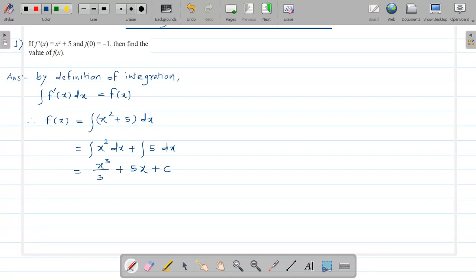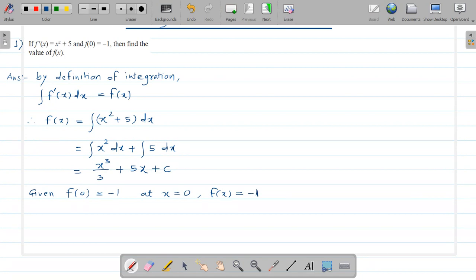So after getting f of x as x cube upon 3 plus 5x plus c, as it is given that f of 0 is equal to minus 1, what does it mean? At x equals 0, f of x is equal to minus 1. This is given to you.